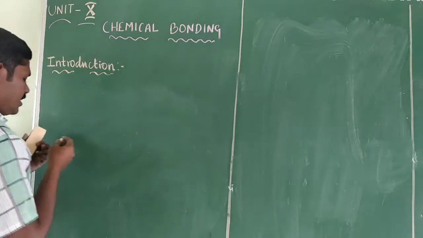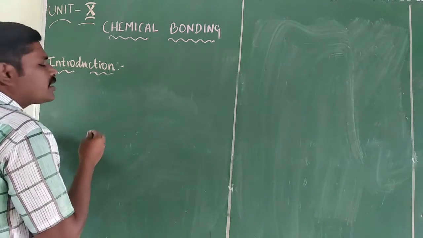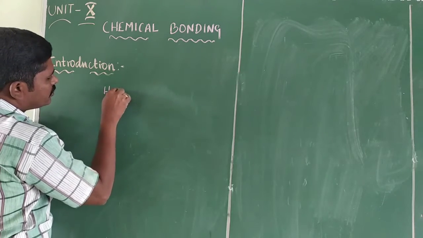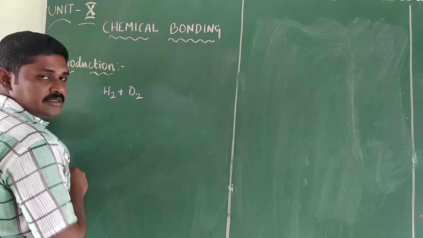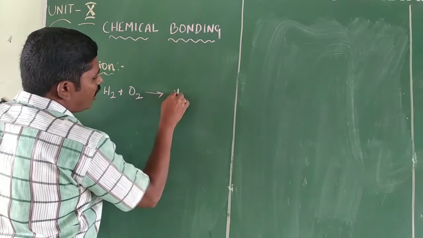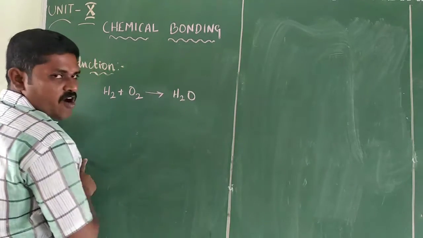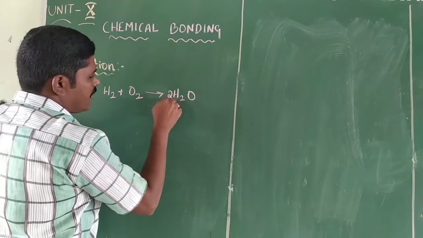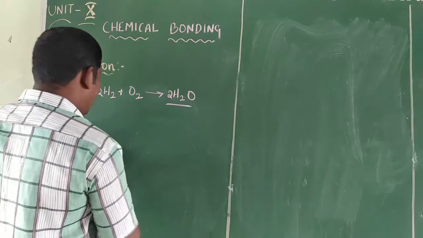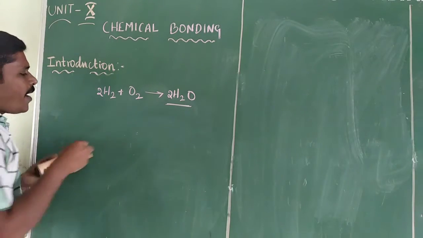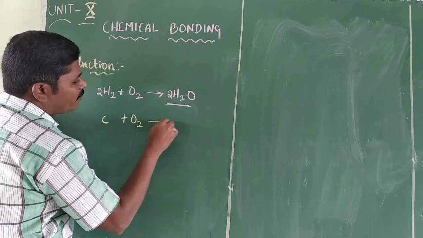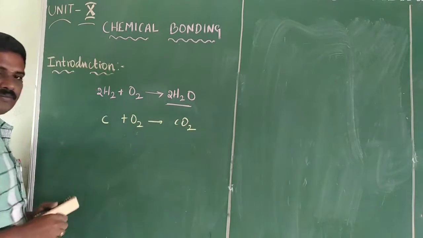For example, oxygen combines with hydrogen to form water, while oxygen combines with carbon to form carbon dioxide.